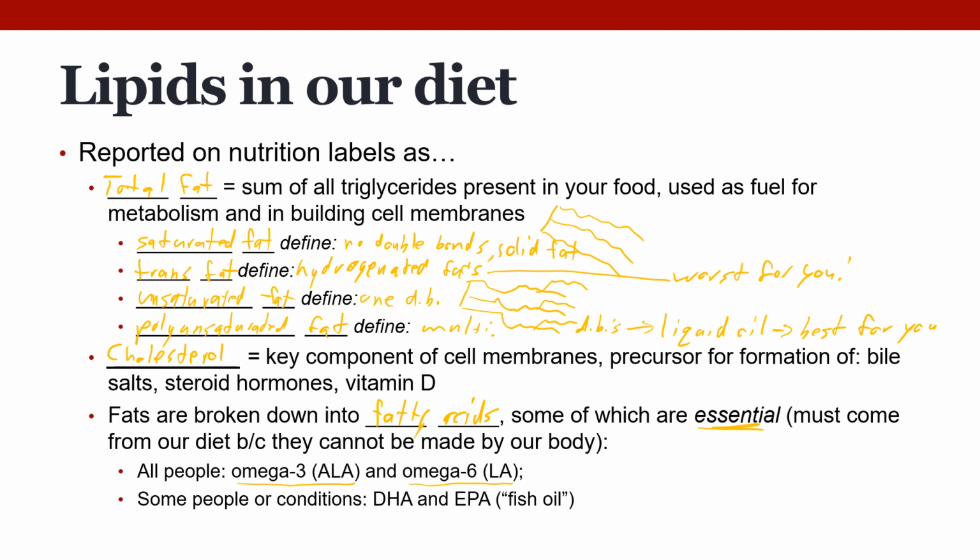There are certain omega-3s, DHA and EPA, that come only from fish oils that most humans are able to make from an omega-3 like ALA, but some humans lack the enzymes to do that. We're just genetically different, and so we need to get DHA and EPA from our diet.